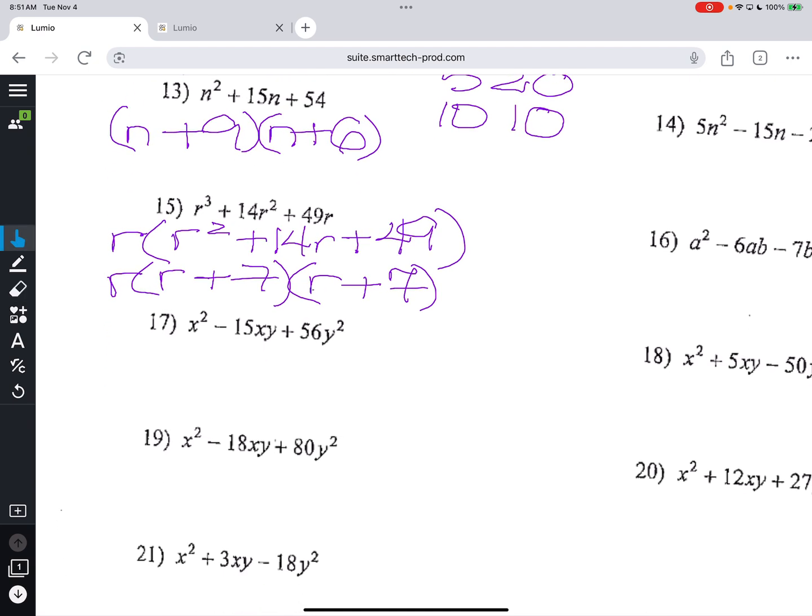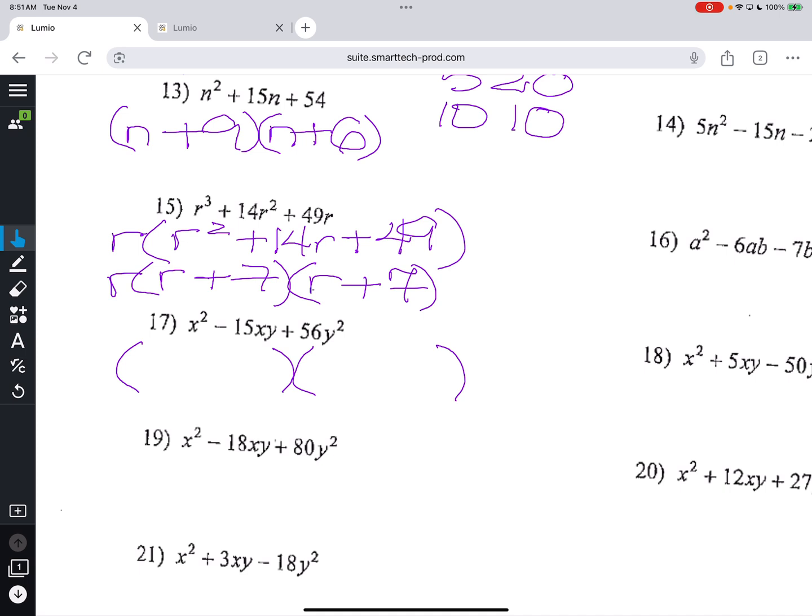All right, 17. They don't share any factors. So are we going to be adding or subtracting? Both. Oh, wait, no. We're going to add.